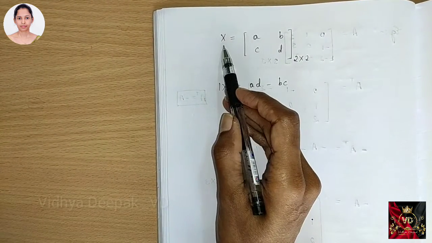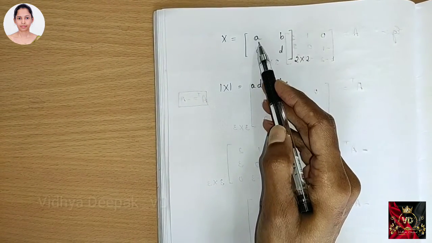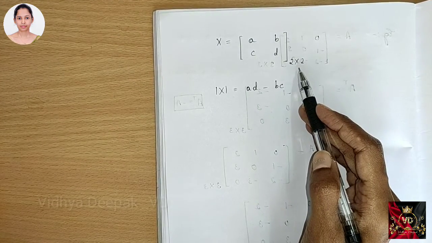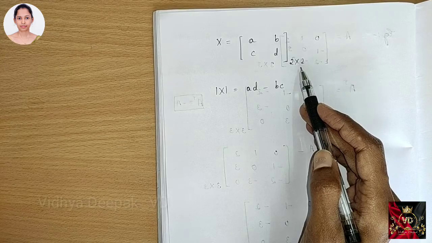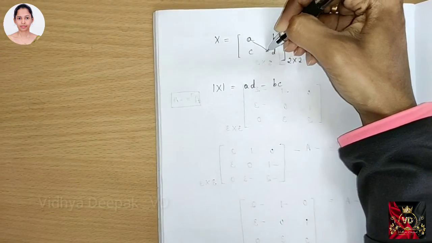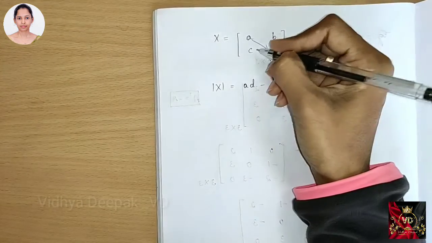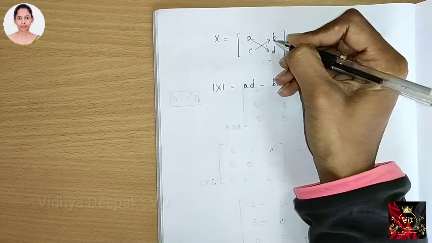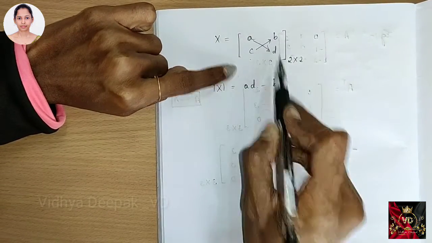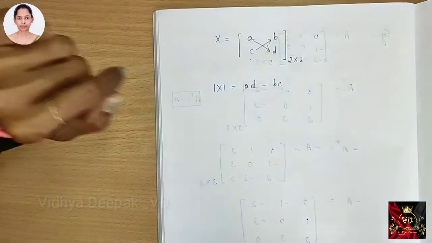Let X be a matrix where the elements of X are A, B, C and D, which is a 2 cross 2 matrix. In order to find the determinant, we have to multiply this first element into this, minus this element into this. That is A into D minus C into B.